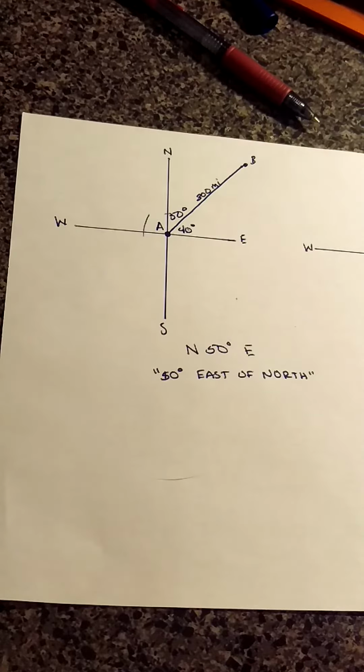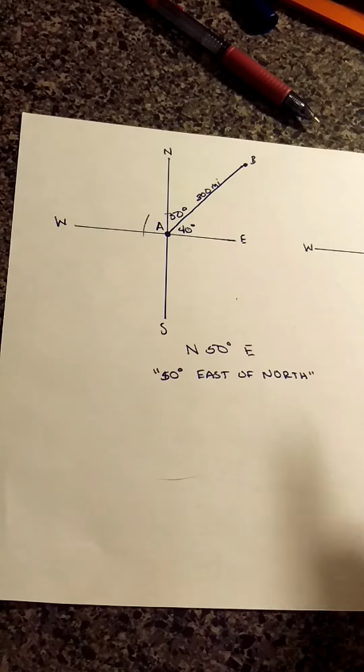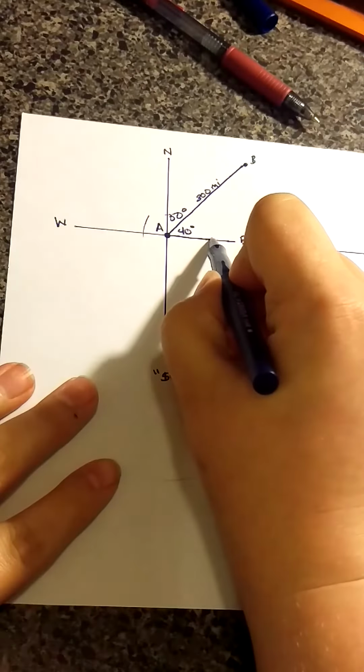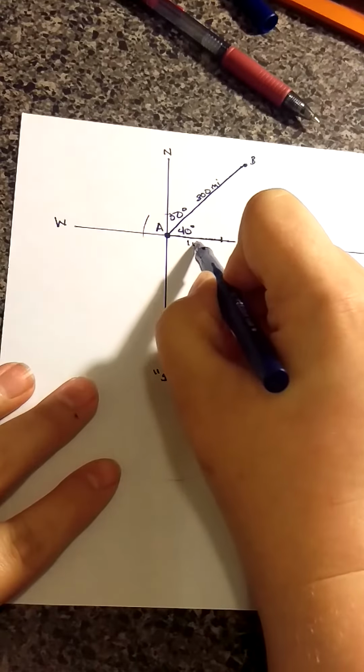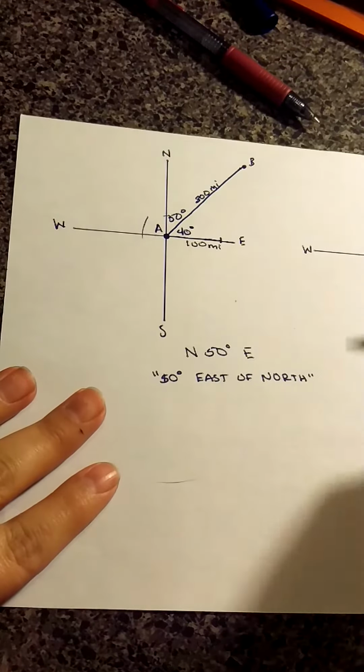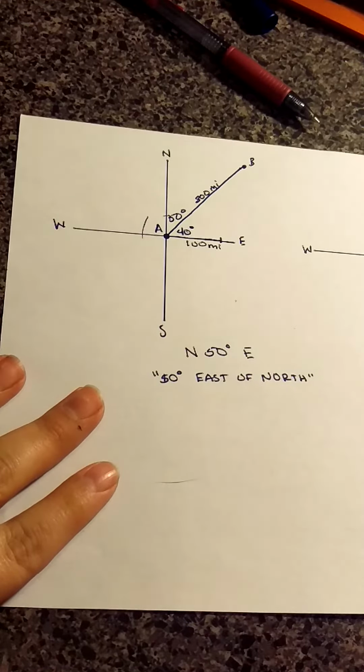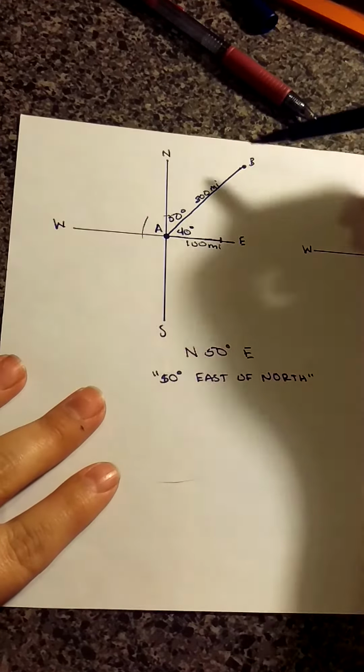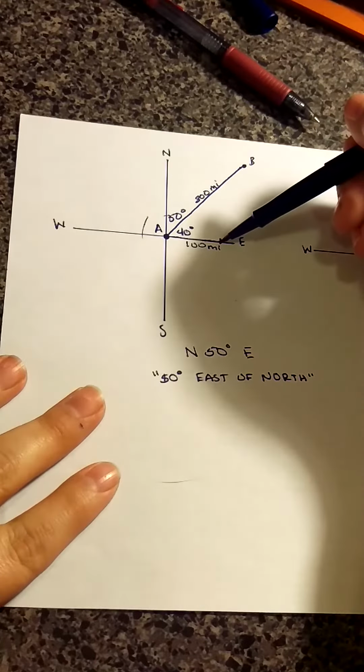Then it says that the pilot flew exactly east at 200 miles per hour for half an hour. So he went a total distance of 100 miles before realizing that he made a mistake. Now, the first question is asking how far is he from his destination at the moment when he discovers that error.